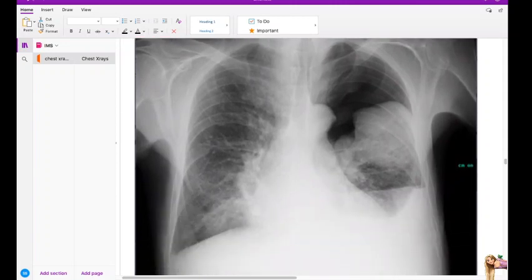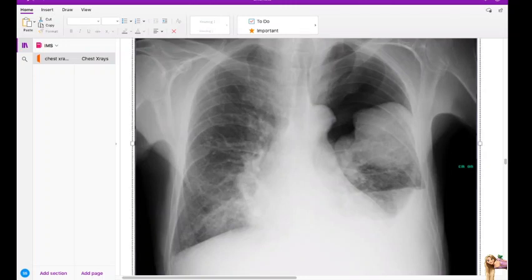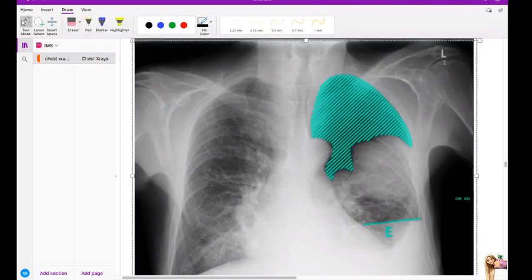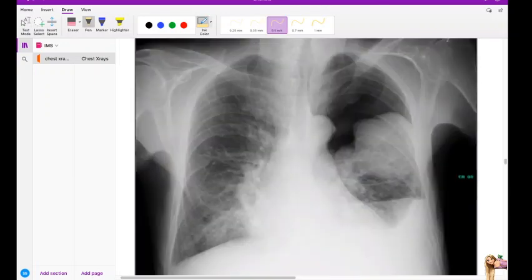What do you guys see here? Yeah, there is lung atelectasis. There is no effusion actually. It looks like an effusion, but it's not, at least according to Amboss.